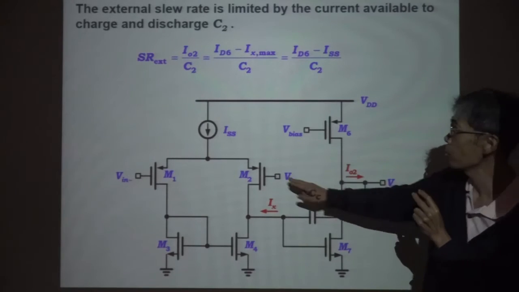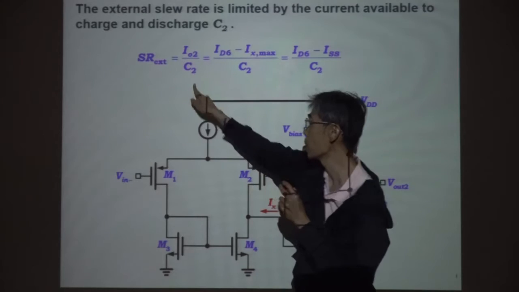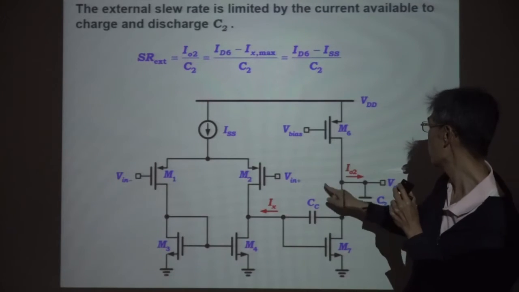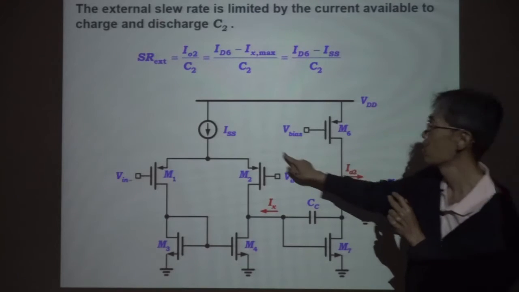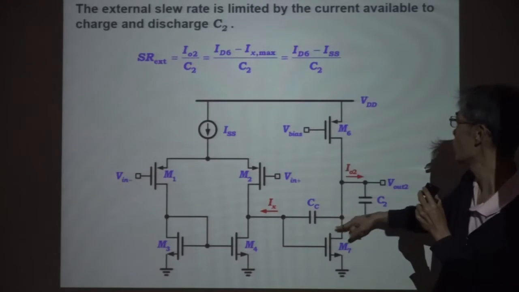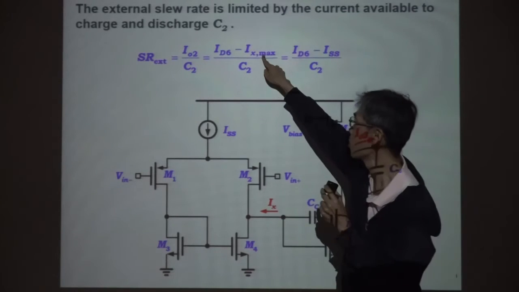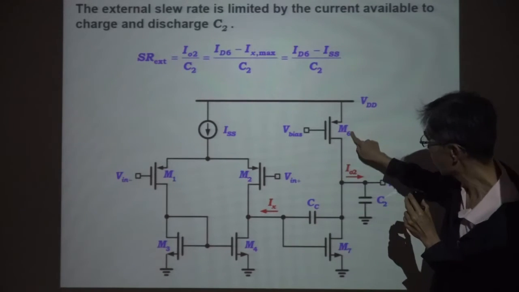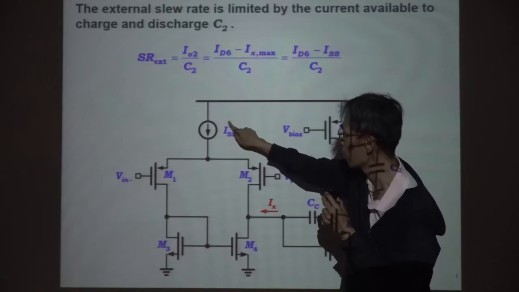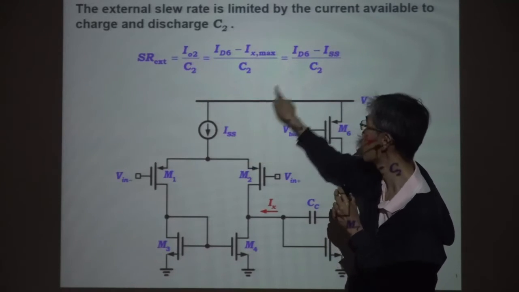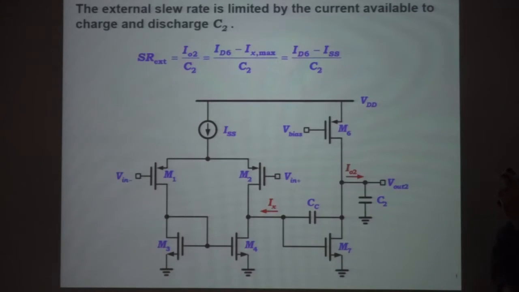For external slew rate, again, we use I divided by C, with the C2 value here and IO2, this one. And IO2 equals ID6 minus IX. And IX maximum is ISS, the current. So this is the equation for external slew rate.